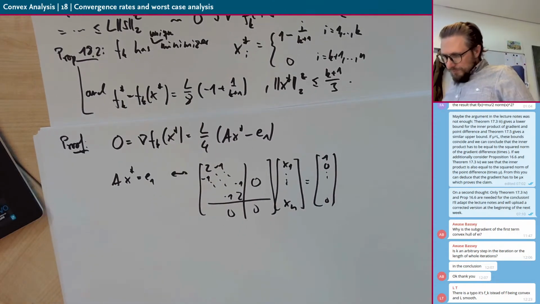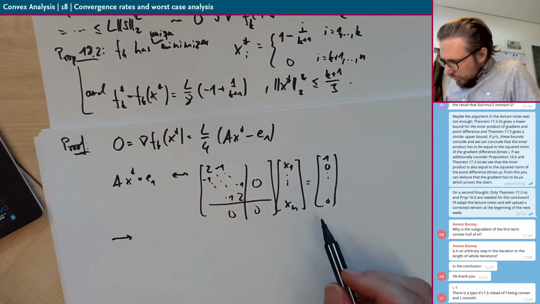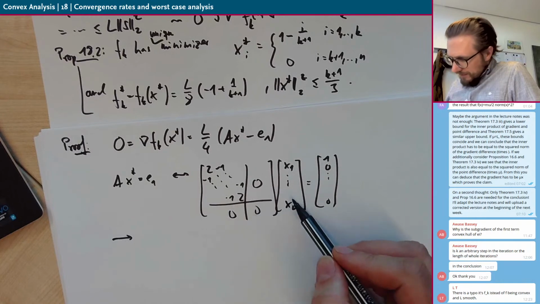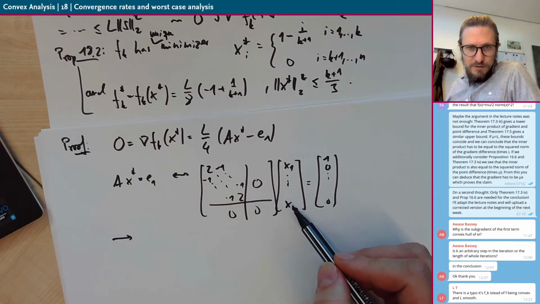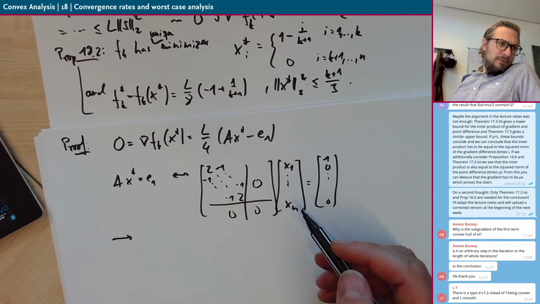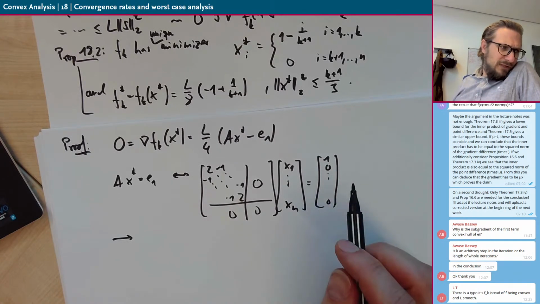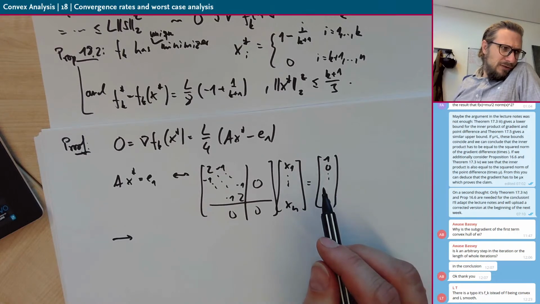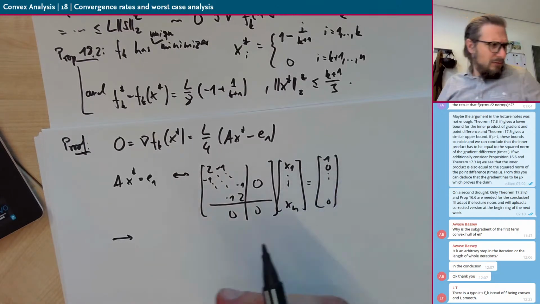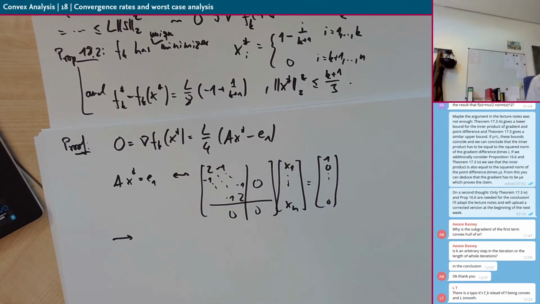Okay, so what do we observe? First we observe that the last entries have to be 0. Actually, the minimizer is not unique. There are more minimizers.